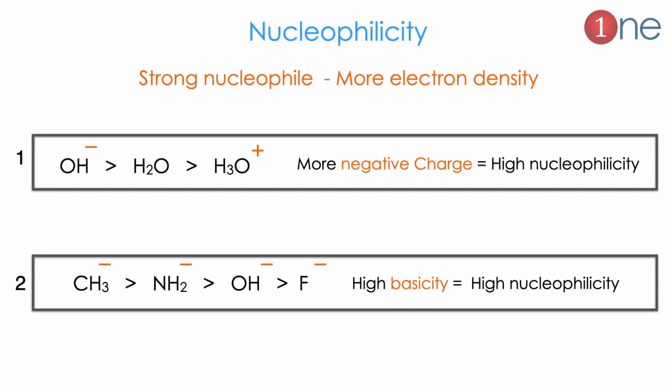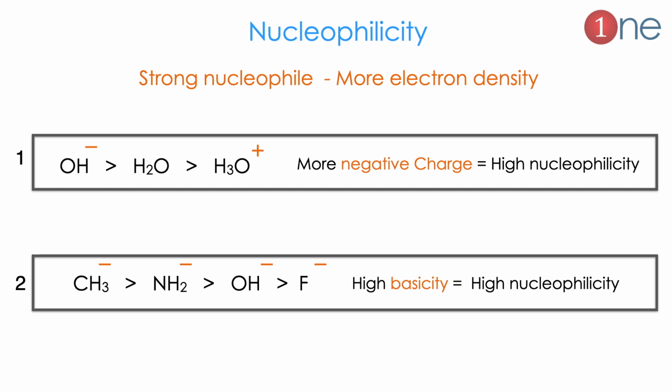Next we will see nucleophilicity, which is very important because it has many varieties. Normally a strong nucleophile means more electron density, a dense negative charge. Obviously a neutral molecule has less, and a positive charge has still less. So more negative charge gives more nucleophilicity.